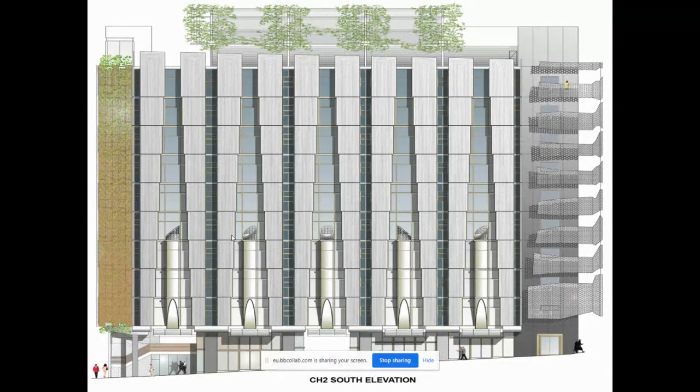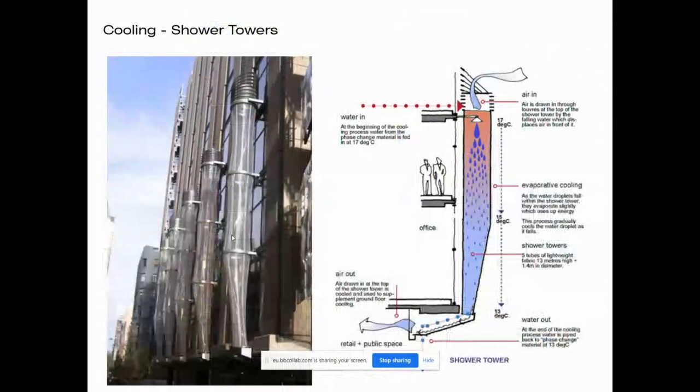You want to avoid aerosols and get the right temperature to avoid Legionnaires'. Oh, there they are. Yes, that's the way it works, just dropping water through a contained cylinder. We had a terrible job cleaning them. I think there's a picture of a guy being lowered down inside to clean it.